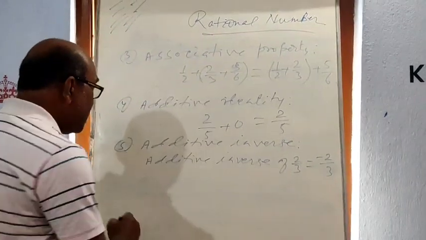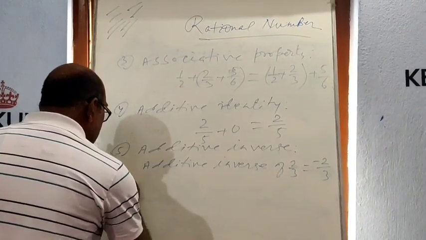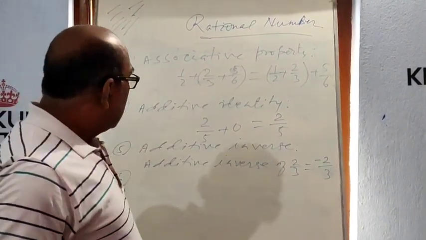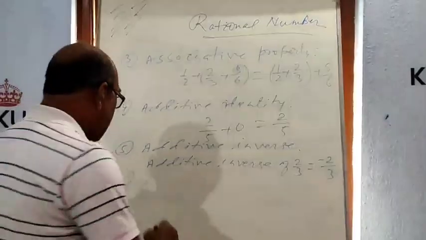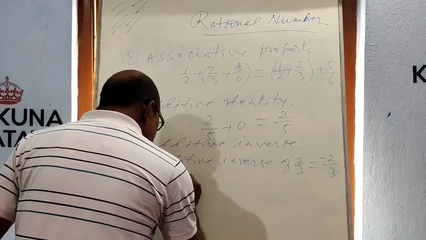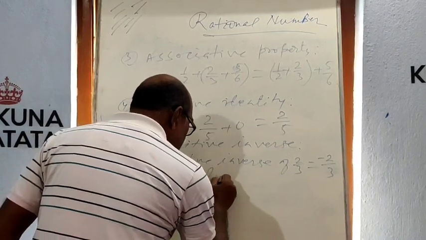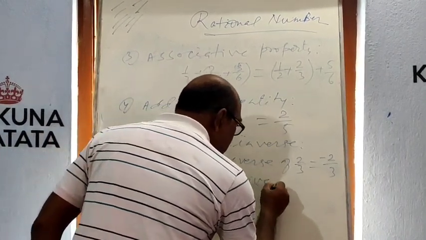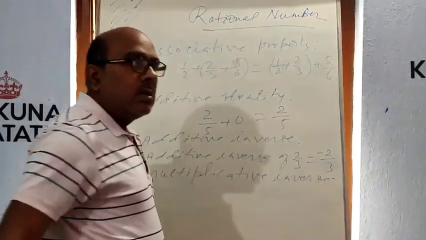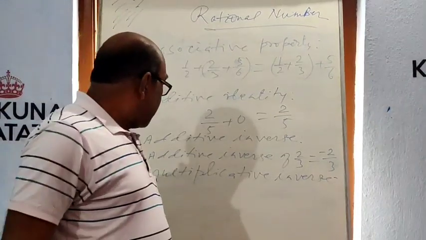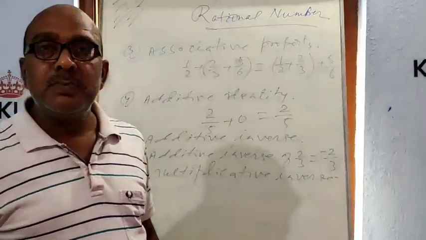Now, fifth is multiplicative inverse. Multiplicative inverse of any rational number is its reciprocal.